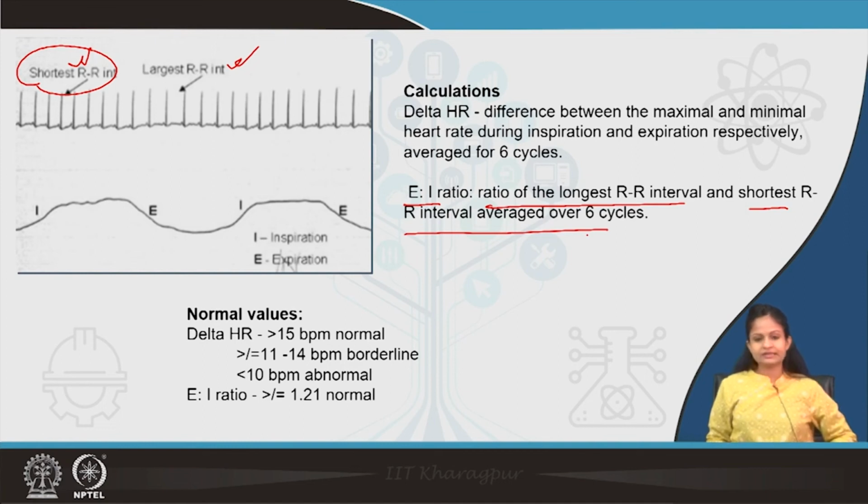And delta HR is the difference between the maximal and minimal heart rate during inspiration and expiration, taken respectively for the 6 cycles. The normal value is a heart rate difference of more than 15 beats per minute; less than that is abnormal. An E:I ratio of more than or equal to 1.21 is considered normal.